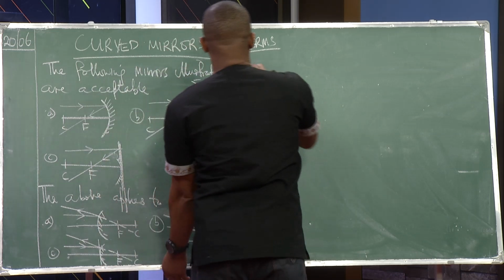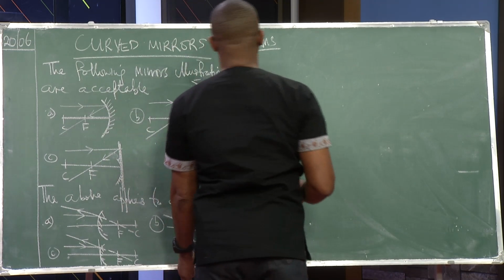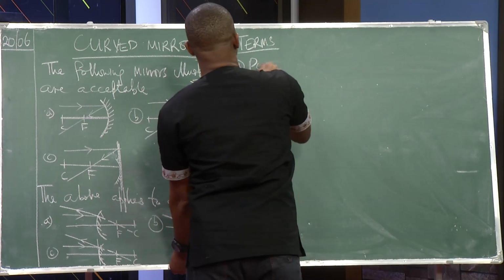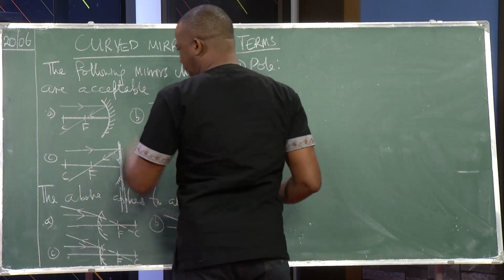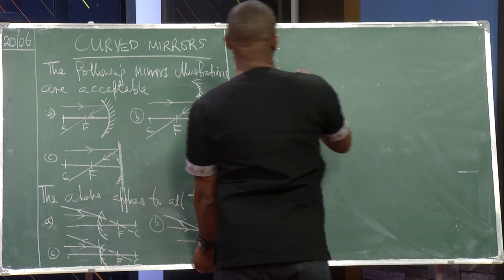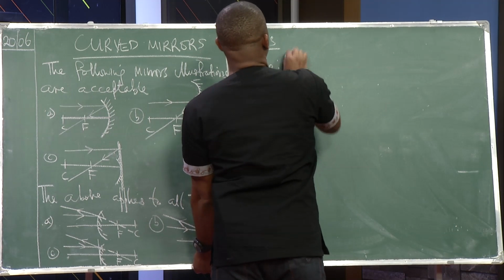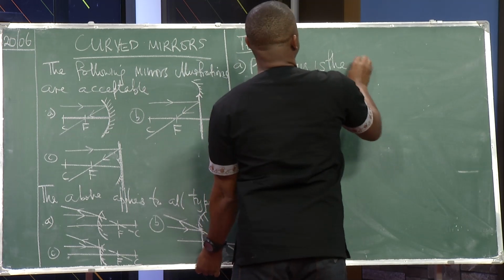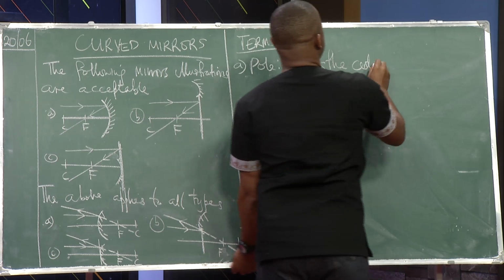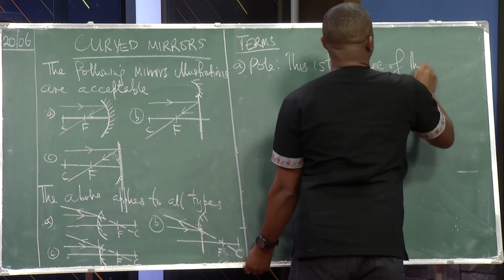There are a number of terms, and we can begin with the pole. The pole can be defined as the center of the reflecting surface of the mirror.